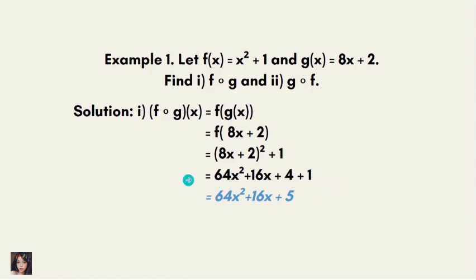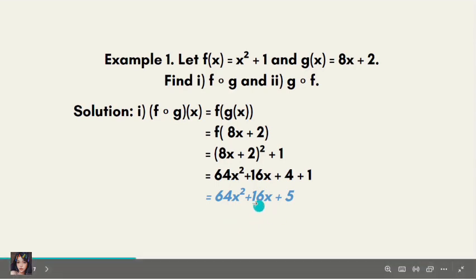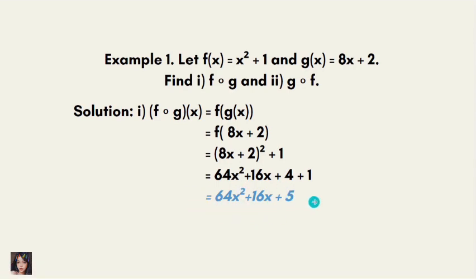So we will simplify. We will add the like terms. So copy the 64x squared and then plus 16x, and then add the 4 and 1. So we have 64x squared plus 16x plus 5. So the value of f composed of g of x is equal to 64x squared plus 16x plus 5.